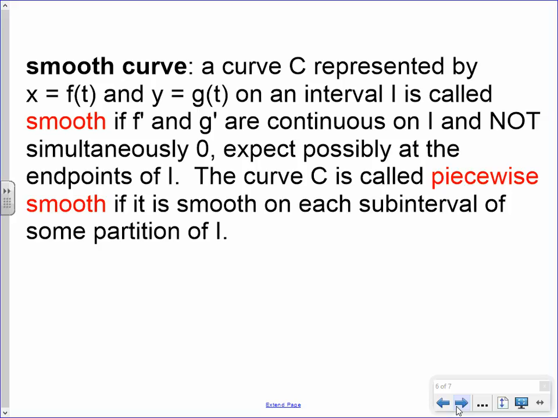If their derivatives are both zero at the same time, it is not a smooth curve. Okay, a curve is smooth if f prime and g prime are not simultaneously zero, at the same t. Correct.